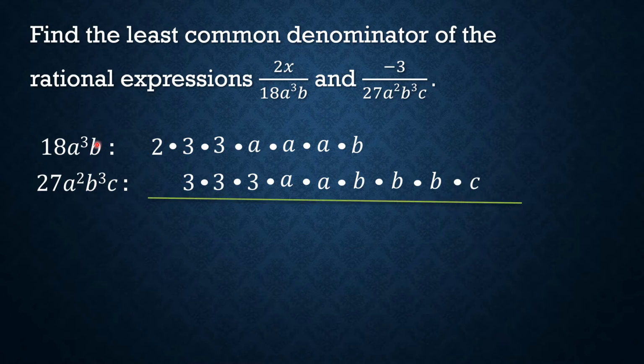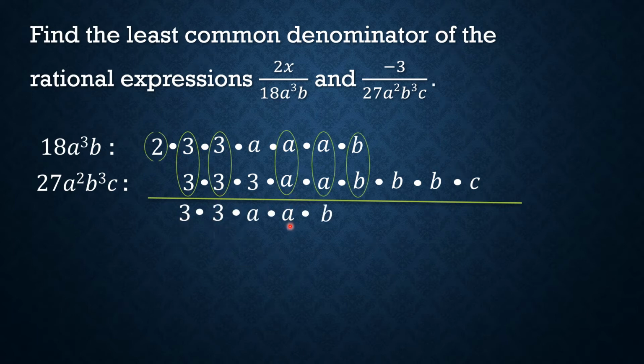Now that we have factored our denominators, unahin natin kunin yung mga magkakapareho. Okay, now, we can notice that merong pa ring mga factors na naiwan. So sa LCD, sasama natin lahat yan.